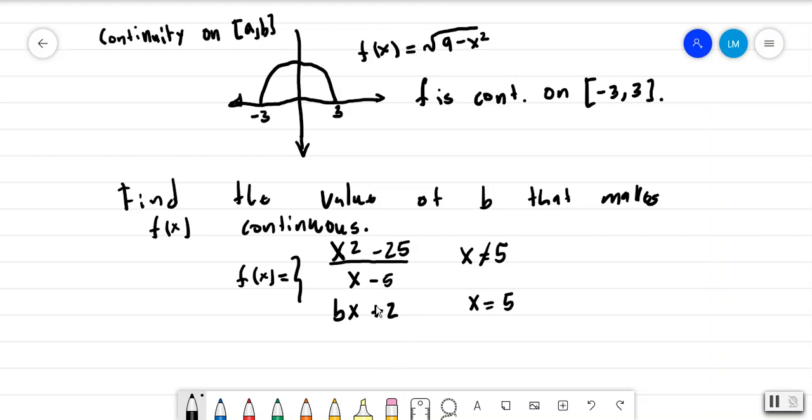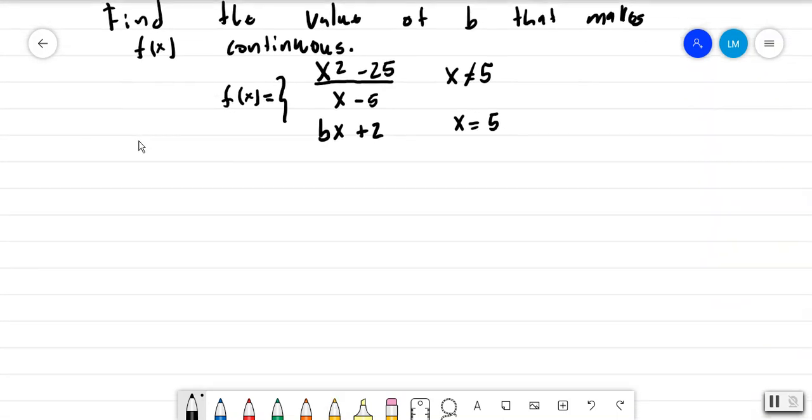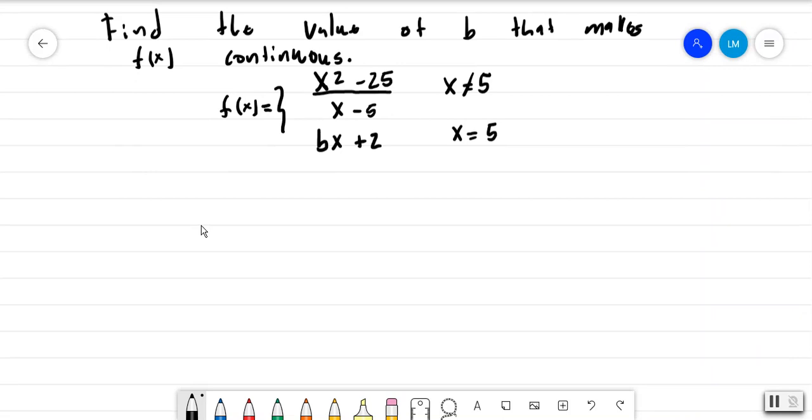Okay, so essentially all that we need to do is check how to make this continuous. So first off, f of 5 is actually defined. f of 5 is equal to 5b plus 2.